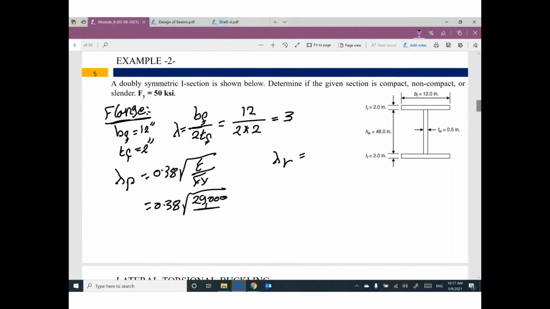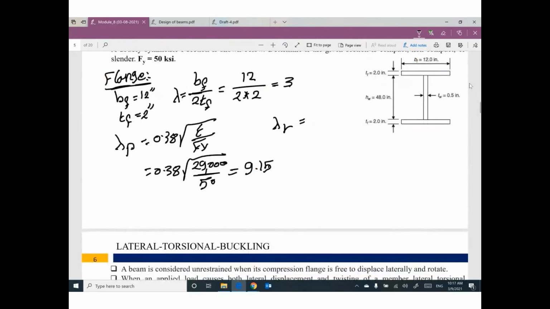If yield is given as 50, the value is 0.38 times the square root of 29,000 divided by 50, which is 9.15. Lambda R equals 1 times the square root of E divided by F yield, 29,000 divided by 50, square root, equals 24.